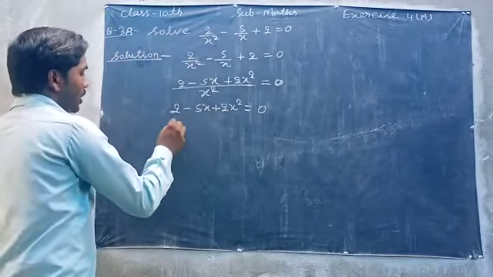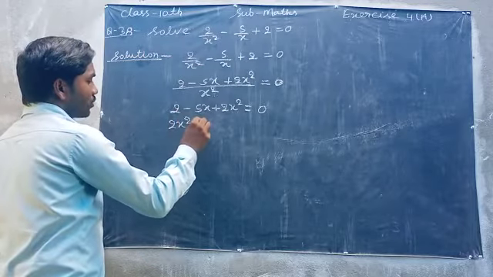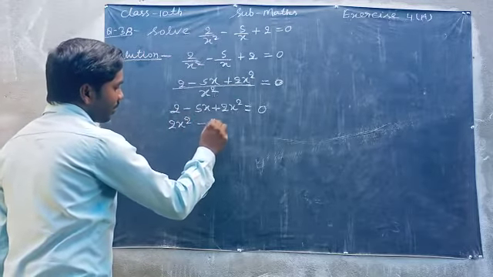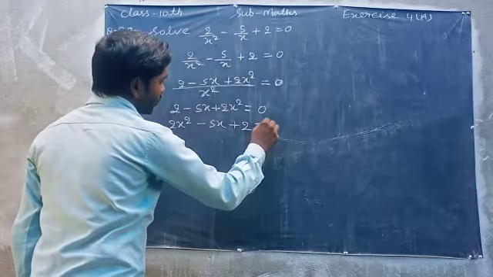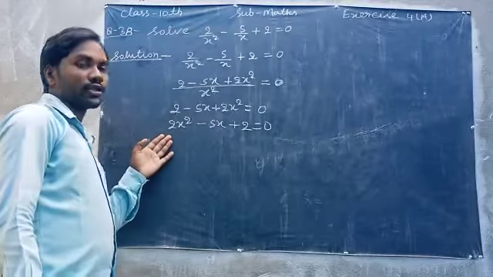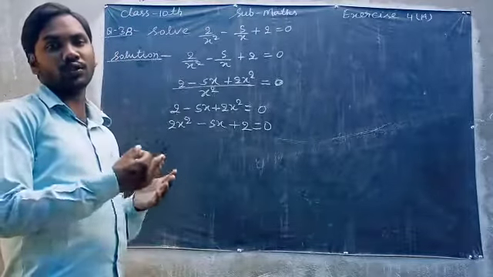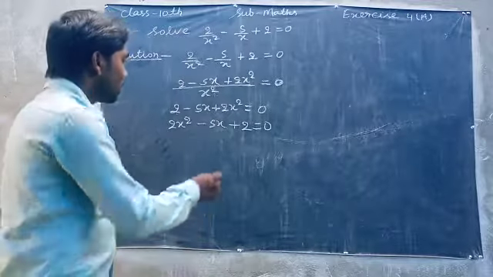Now, we will write this equation in this form: 2x square minus 5x plus 2 is equal to 0. Now you can see that this question is in the form of the previous questions.